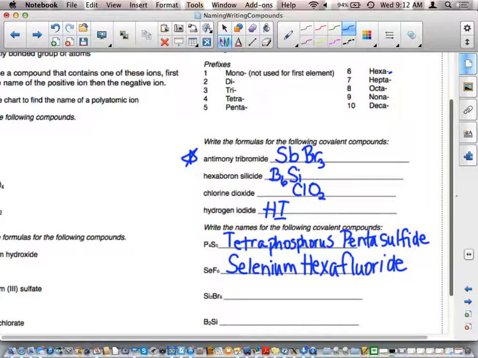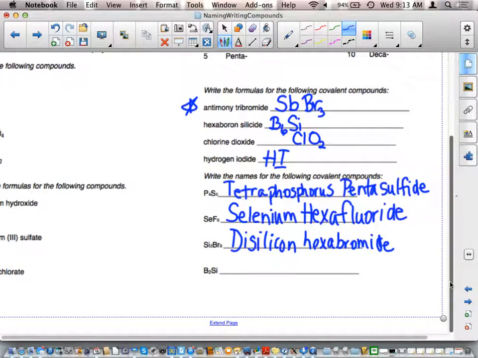All right, so Si, and we have two of them. What does Si stand for? Silicon, and my prefix for 2 is di: disilicon. And then Br stands for bromine, and I have 6 of them, so I would say hexabromide. Don't forget the ide.